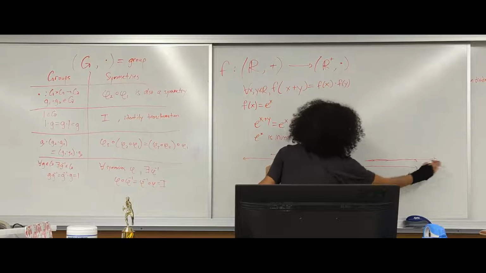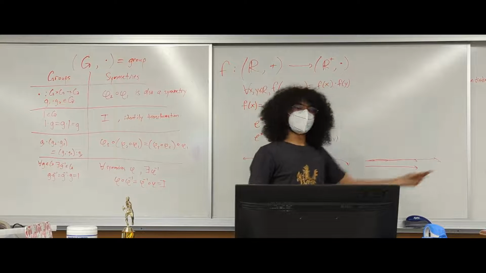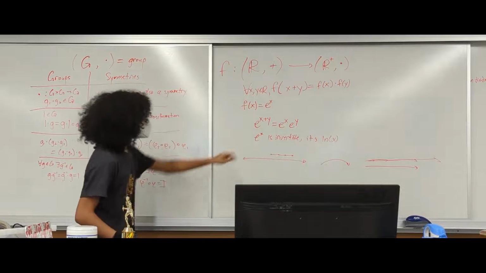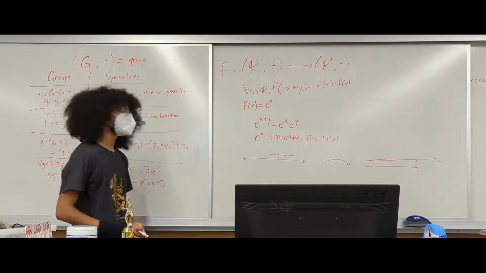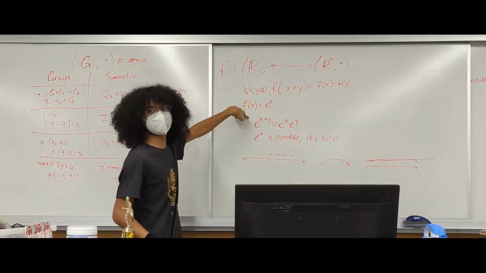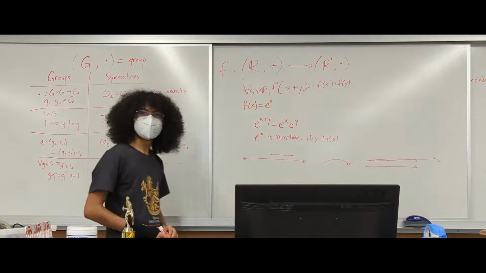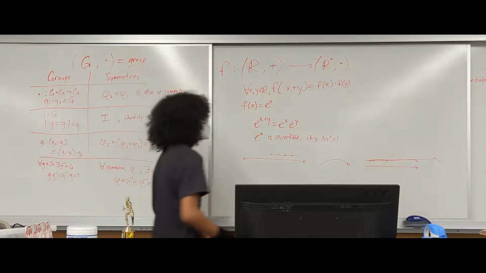It would be like a geometric progression. That's what this is saying, because every time you add another a, and then 2a and then 3a, that factor of e to the a keeps multiplying this. Okay?